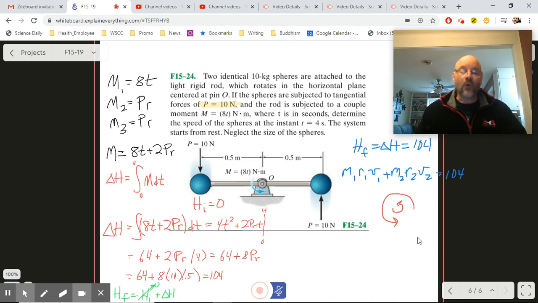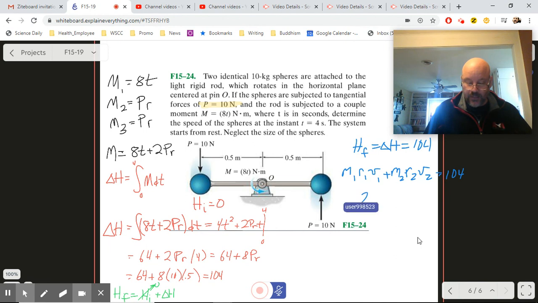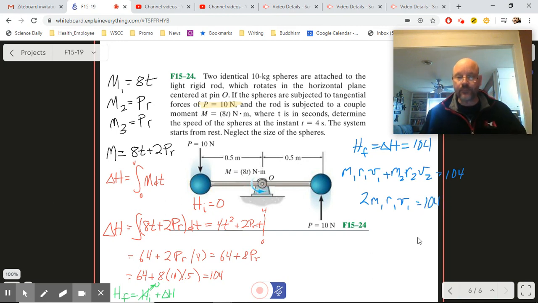But fortunately, we're not in that position. And so we can reduce our equation to 2 M1 R1 V1 is 104. Plug in the mass, plug in the radius, solve for the velocity. Just that straightforward.